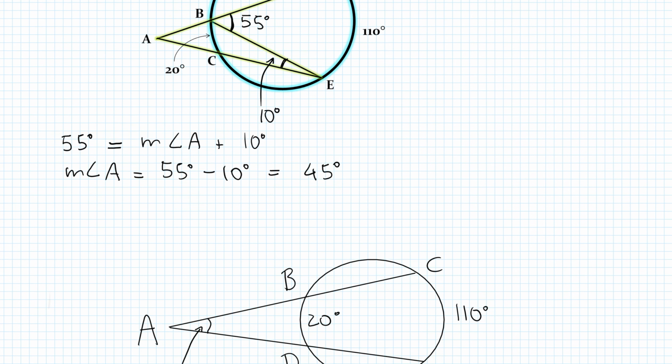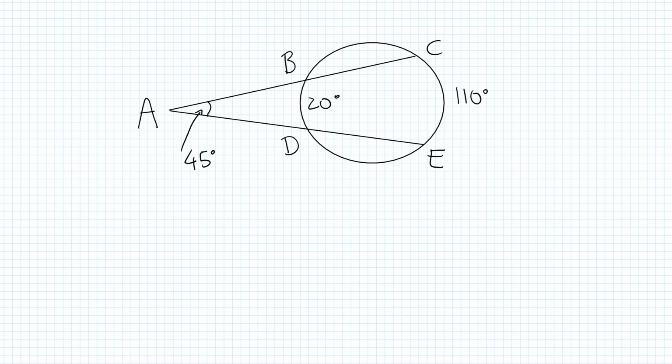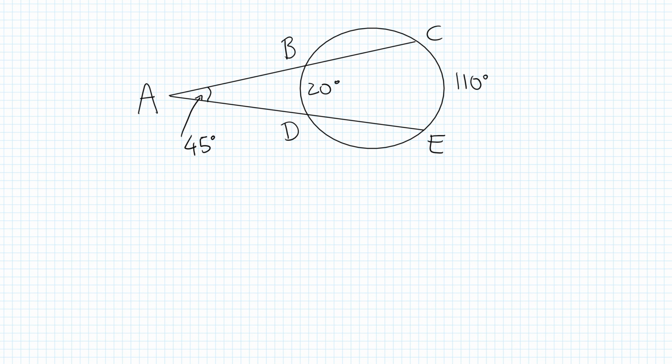So the question is, instead of doing all this with the exterior angle and drawing another chord, is there another simple method that allows us to easily and quickly find the measure of angle A? So let me ask you a question. What is the relationship between 110 degrees, 20 degrees, and 45 degrees? If you want to pause the video at this point, you can do it and try to figure this out, okay?